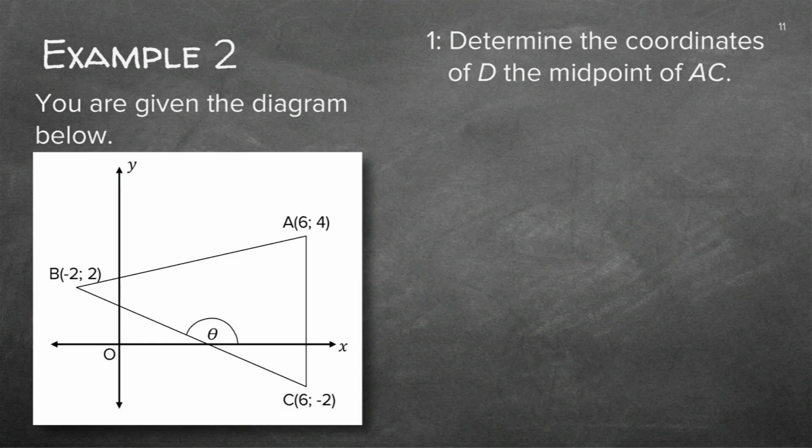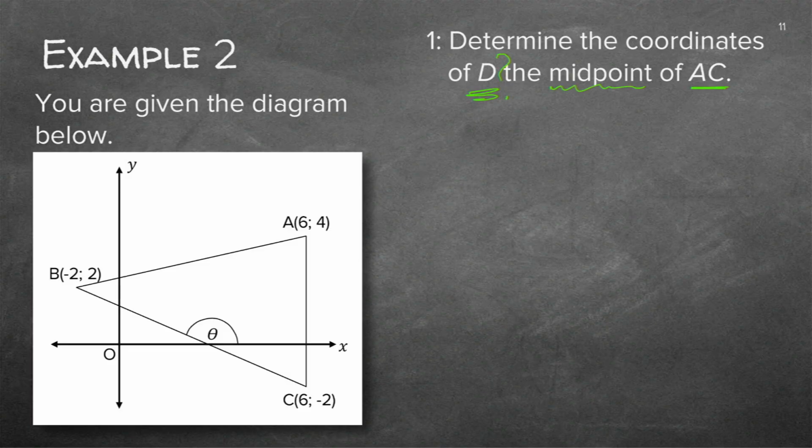Good. Now, the last question, or the last example, you see this one looks different. Now, suddenly, there's not a line anymore. There's different lines, different things on the lines. It's actually a triangle. So what are they asking? Determine the coordinates of D. So D is my unknown. The midpoint of AC.